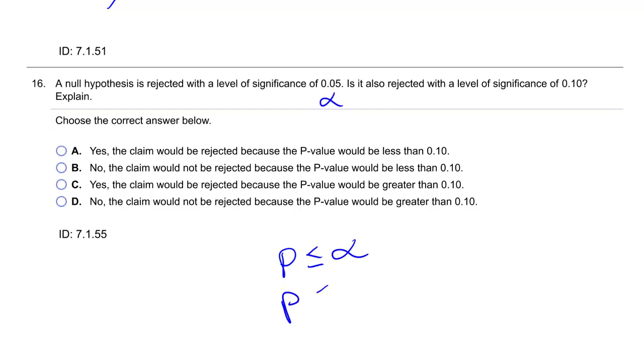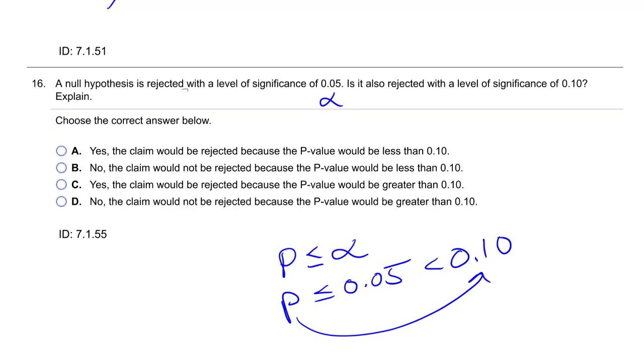So if P is less than or equal to 0.05, I rejected it. But 0.05 is already less than 0.10, meaning P has to be less than 0.10 as well. So the claim would be rejected. The p-value would be less than 0.1. We only know that here because we already knew it was less than 0.05.